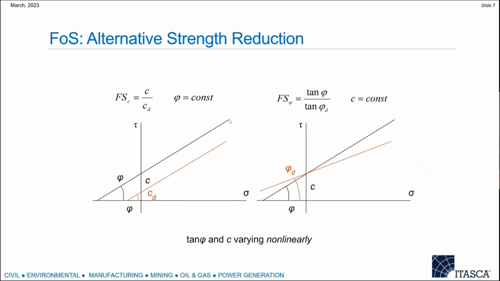That means we have a real cohesion, and then we assume a reduced cohesion to check the stability, and the factor of safety is the ratio between these two cohesions. Or we can reduce the friction angle. For example, we can define the factor of safety using the tangent of the friction angle. The factor of safety based on reducing cohesion and the one based on the reduced friction angle may be different.